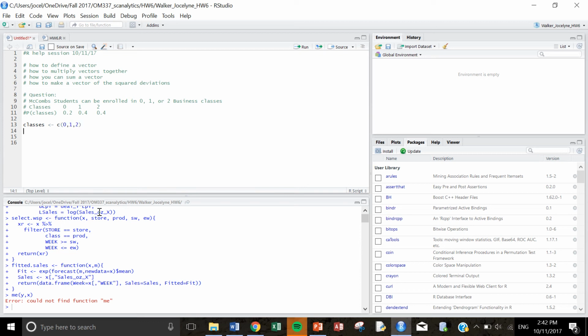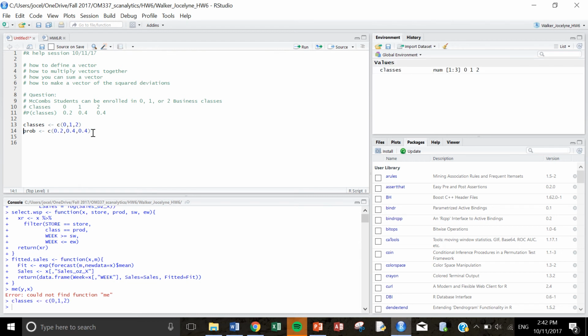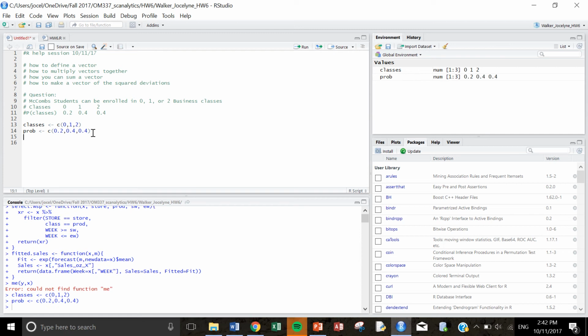Now I'm going to make a second vector of the probabilities, and we're going to use C again, and we are going to put 0.2, 0.4, and 0.4. And we want to make sure the 0 and the 0.2 match up, the 1 and the 0.4 match up, and the 2 and the 0.4 match up. So we define classes, and it shows up in our values. We define probabilities, and it shows up in our values as well.